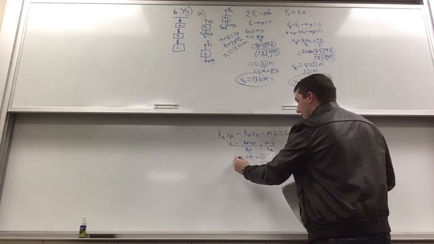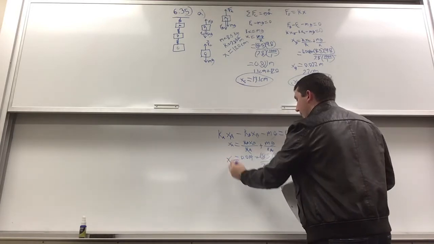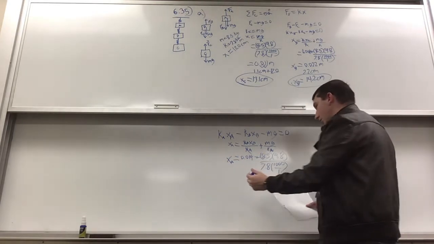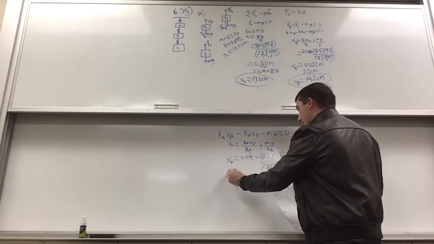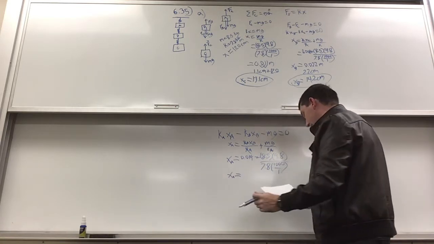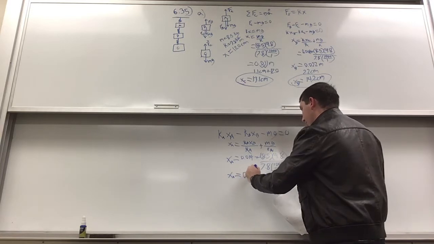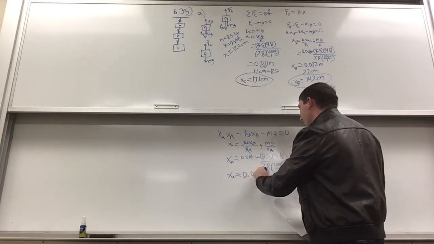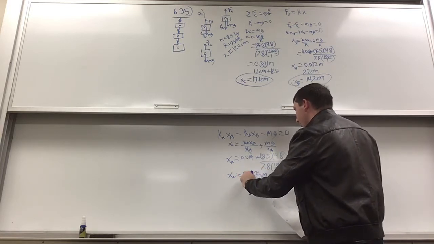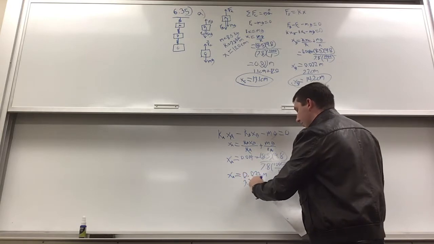That'll give us the distance that spring A has stretched. When you do the math, you get that that is equal to 0.033 meters or 3.3 centimeters.